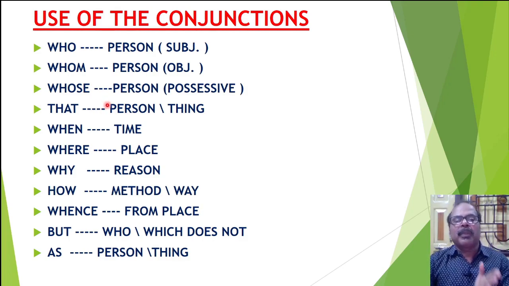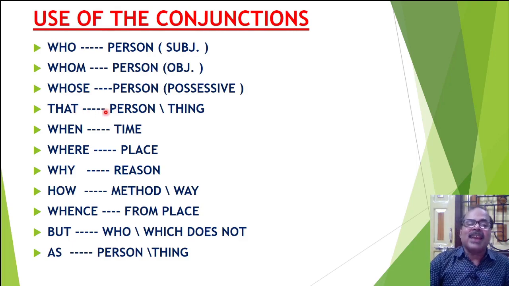Which is for things, that is used for person or thing, when for time, where for place, why for reason, how for method or way. Whence means from a certain place, from where.